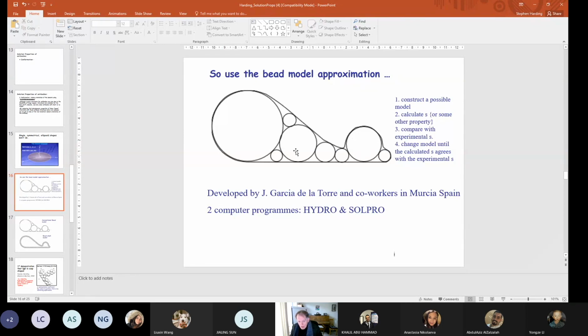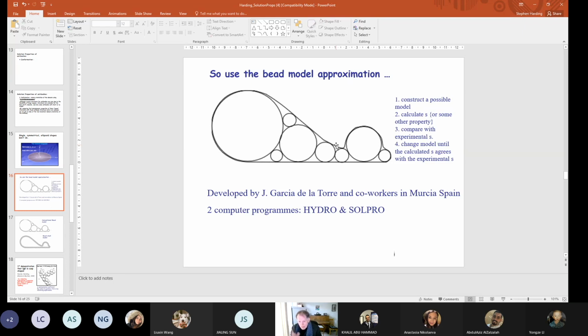So you work out what the sedimentation coefficient of this model is using Hydro and Solpro, and then compare that with the measured sedimentation coefficient, which you measure using the ultracentrifuge, and then, oh gosh, they're not the same. But then you keep on changing this model until you get agreement with the sedimentation coefficient which you measured in an experiment. And then if you get agreement, then this might be the correct model.